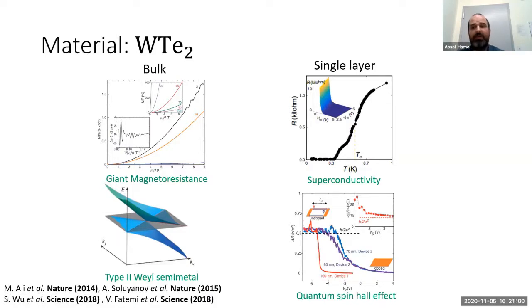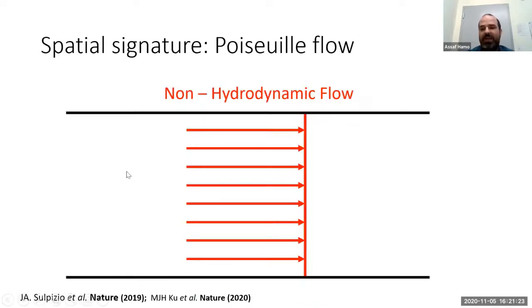Now, following a hint by a collaborator, who told us that he saw some transport signatures of hydrodynamics, we started to think how it would be possible to image and see if indeed the current inside tungsten telluride is hydrodynamic. It turns out that you can do the simplest experiment that you can imagine, just flowing this current inside a narrow channel. And if this current, made out of tungsten telluride, is non-hydrodynamic, this current should be just uniform along the whole channel.